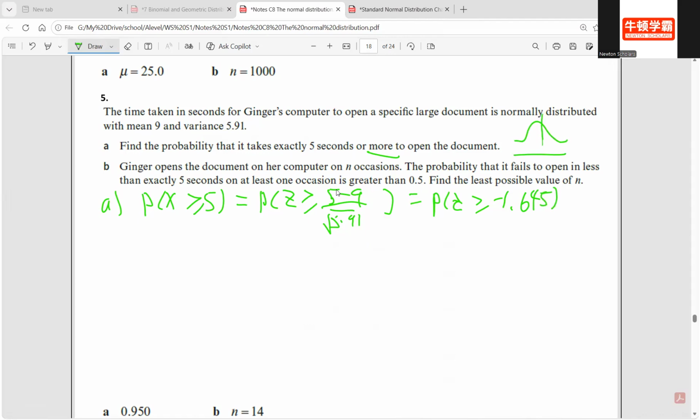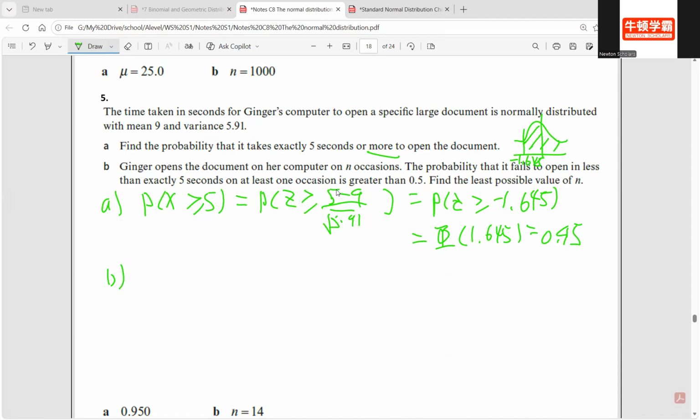If we go here, negative 1.645, more than, right? It is the same thing as 1.645. It's the same area. So if you find the table, you will get 0.95. So this one you can find.